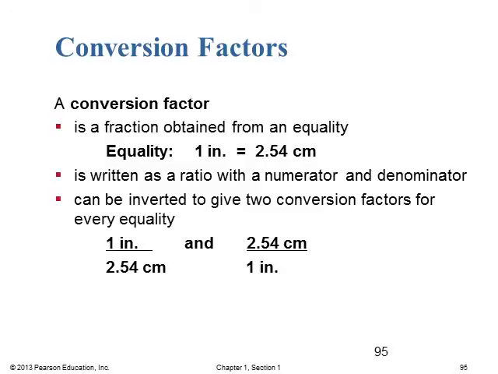But if we were to put that into a ratio or a fraction of 1 inch over 2.54 centimeters, or just the reverse, 2.54 centimeters over 1 inch, since they are equivalent, that fraction is essentially 1.